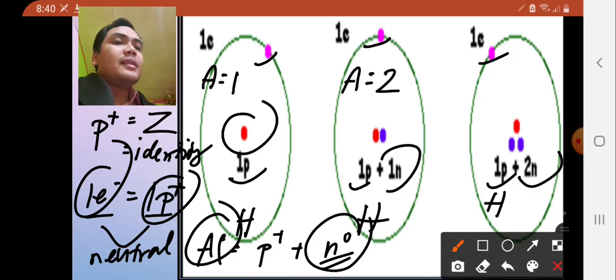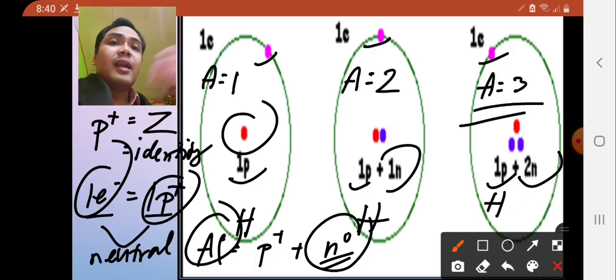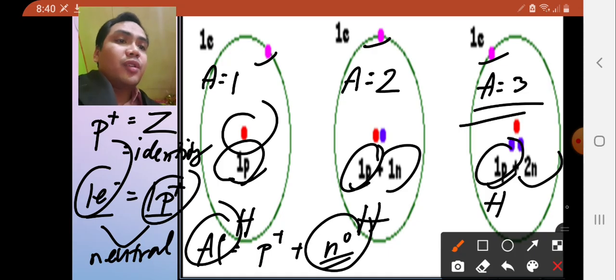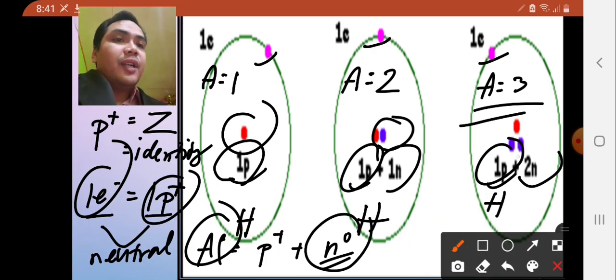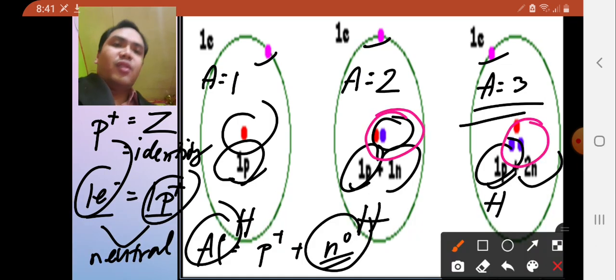And then the mass number of the third hydrogen atom is equal to 3, since 1 proton plus 2 neutrons will result to 3 as its atomic mass. So therefore, we have elements that consist of the same number of protons, but they really differ in terms of the number of neutrons.